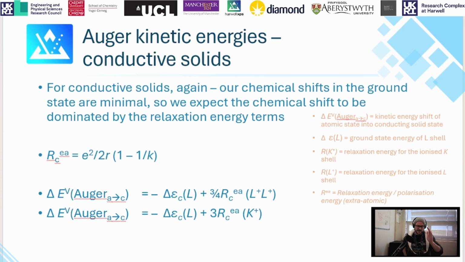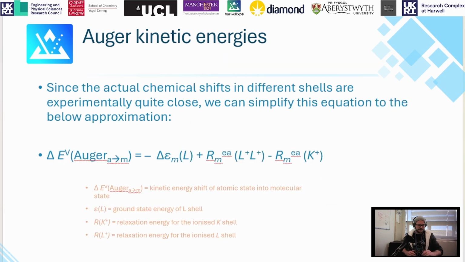So we have e squared as one of our terms. Now, we have 3 terms in our relationship from the previous page. We have the extra atomic relaxation energy for the K shell and 2 relaxation energy terms for the L shell.